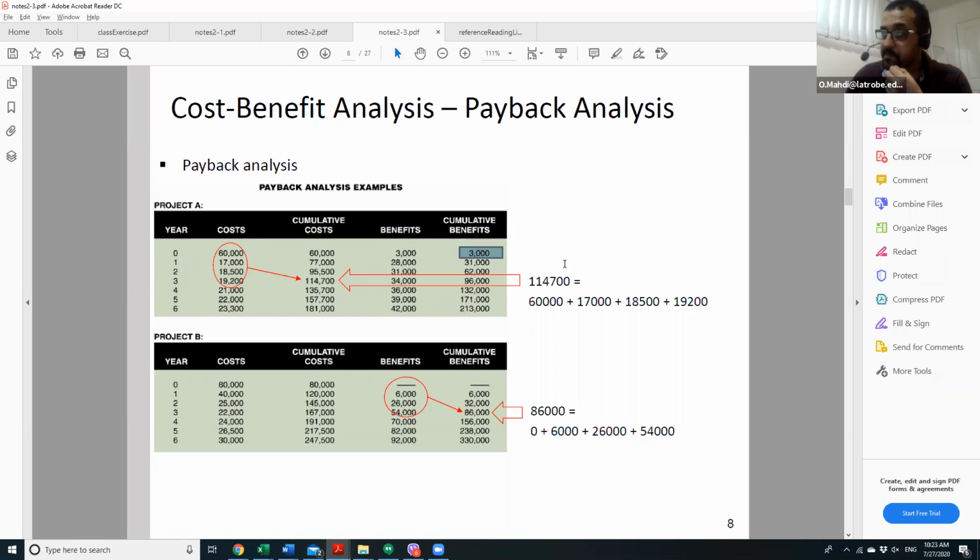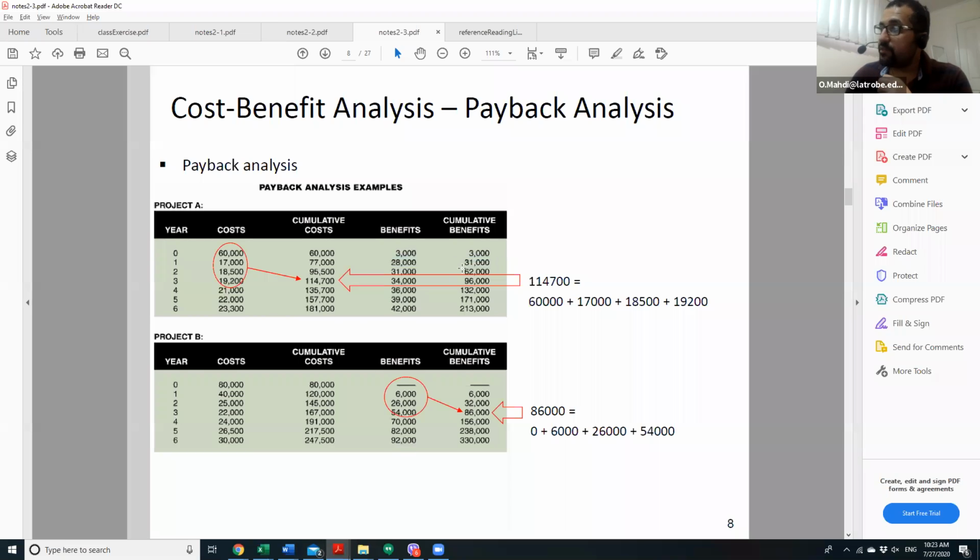What is the cumulative benefit for year two? It came from the initial benefit of the second year plus the previous one, 3,000. So the cumulative benefits for the second year is 31,000.